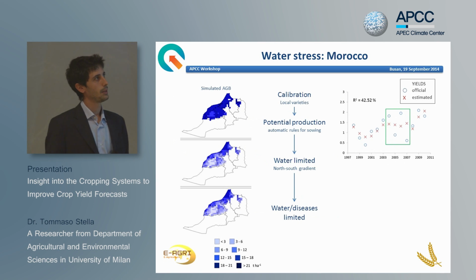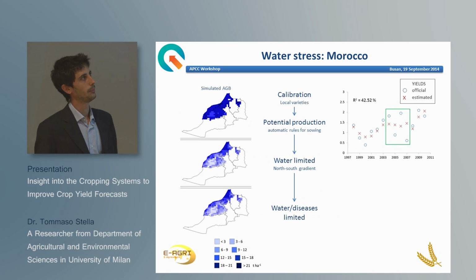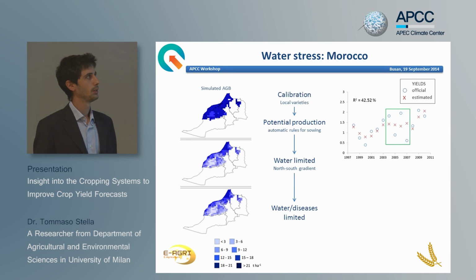However, these are the outputs, the official yields and the estimated yields with this system. And we can see that we have not a good correlation, and some years where the estimated yields are completely wrong. This kind of estimation is useless.